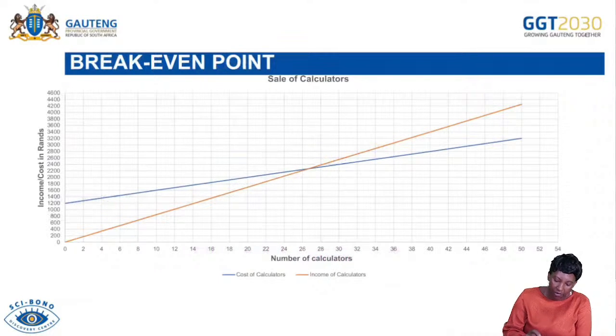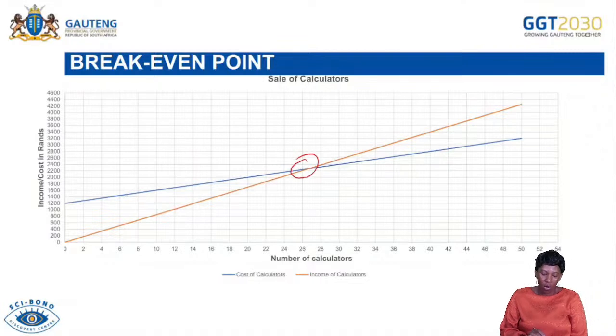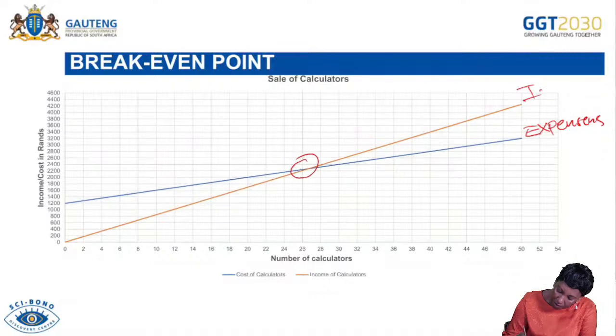Now coming to the break-even point, here if you can see this blue graph, it is a graph of expenses. And then this one is a graph of income. Why am I saying the orange one is a graph of income?